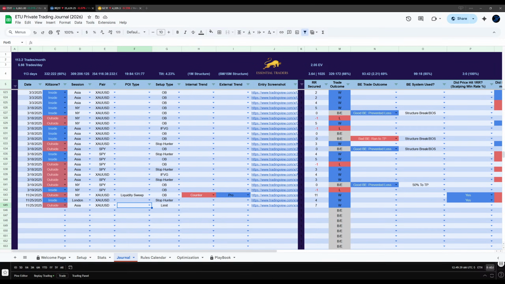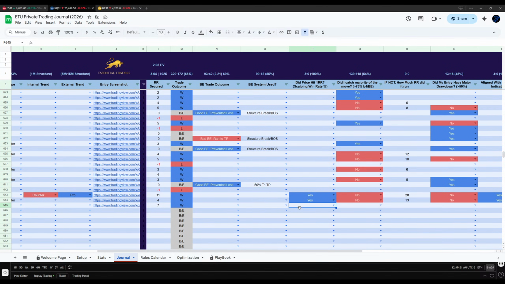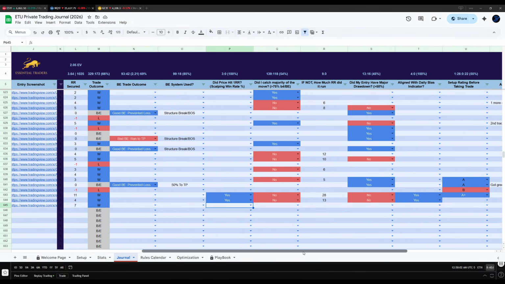PY type, this was off a flip. And break-even system, I don't recall. Again, this is why it's always better to journal as soon as you get off the chart or are done trading for the day. I'm gonna forget some of this stuff.